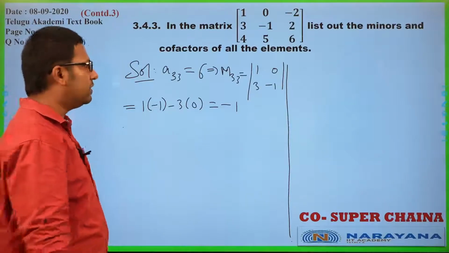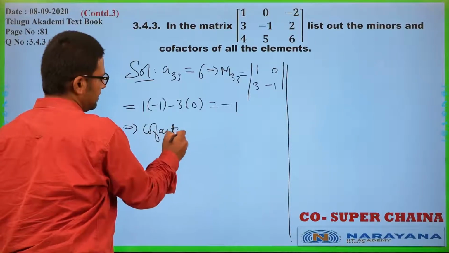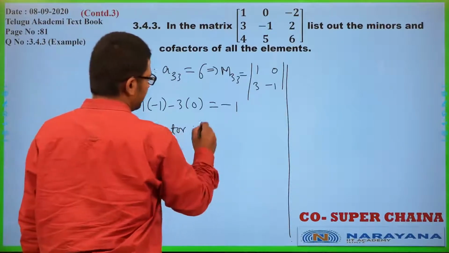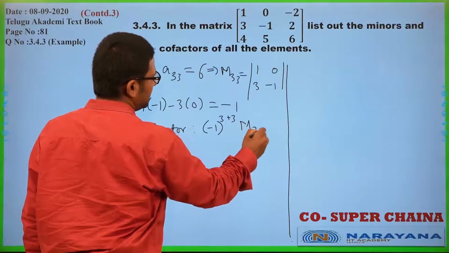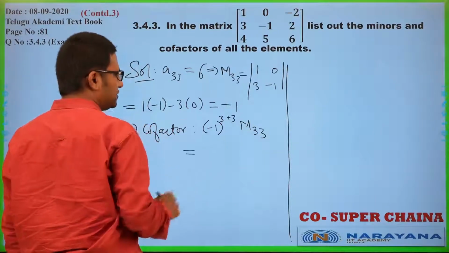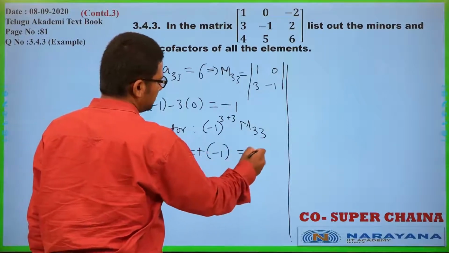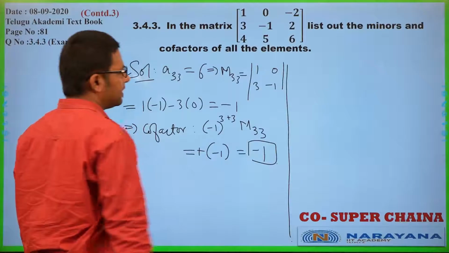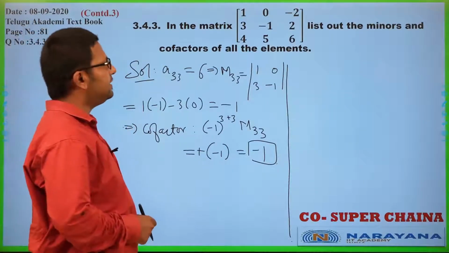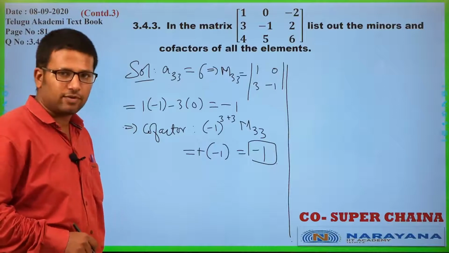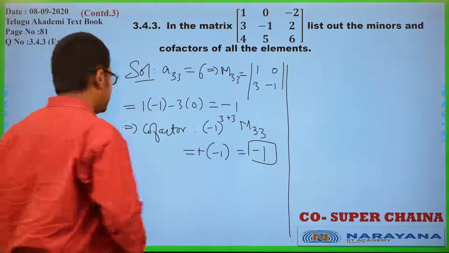You can ignore 0. So minus 1, and cofactor would be minus 1 raised to 3 plus 3 M33, which is minus 1 raised to 6, which is plus 1. So plus of minus 1, which is minus 1. Got it? So those are all the minors and cofactors that we were looking for. Alright then, let us proceed.